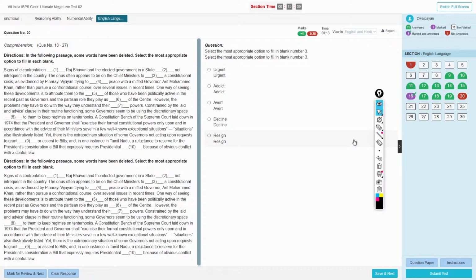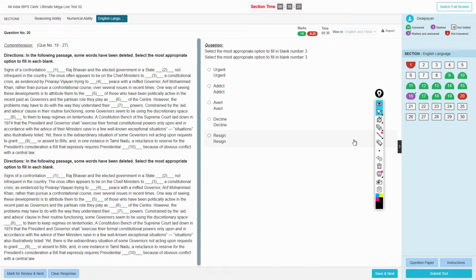My God, they have given 10 pillars. The onus often appears to be on chief ministers to dash a constitutional crisis.